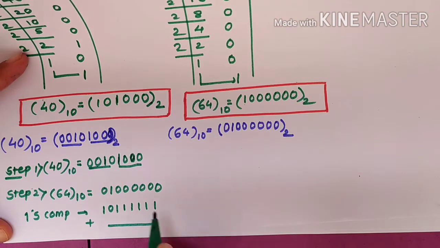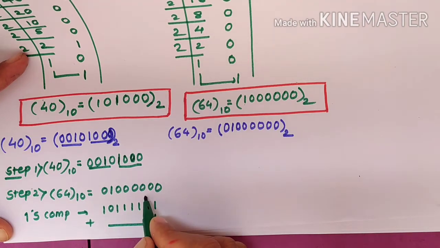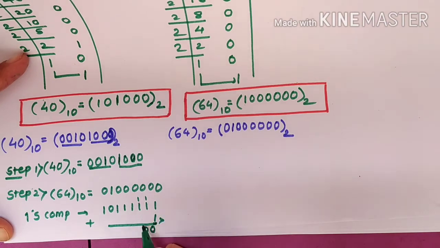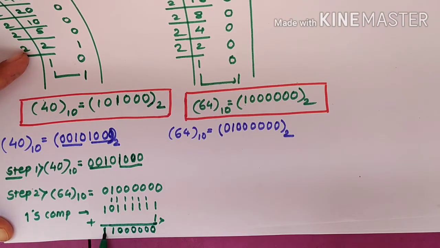So 1 plus 1 is 0, carry 1. 1 plus 1 is 0, again carry 1. 1 plus 1 is 0, carry 1. In a similar way, 1 plus 1 is 0, 1 plus 1 is 0, 1 plus 1 is 0, carry 1, and then 0 plus 1 is 1, and this is 1. Now this number is called the 2's complement.